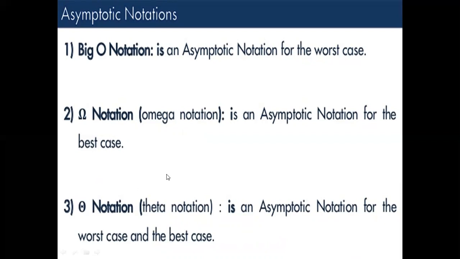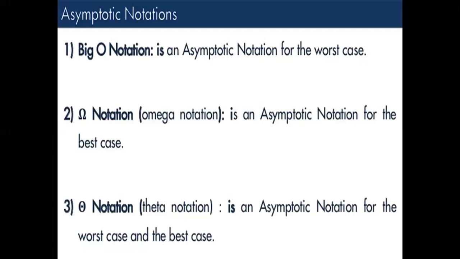These are the 3 important notations which you are going to study throughout the complete subject of analysis and design of algorithms. So in that you will study in detail. Here in data structures, you only read the introduction about the worst case, about the asymptotic notations.